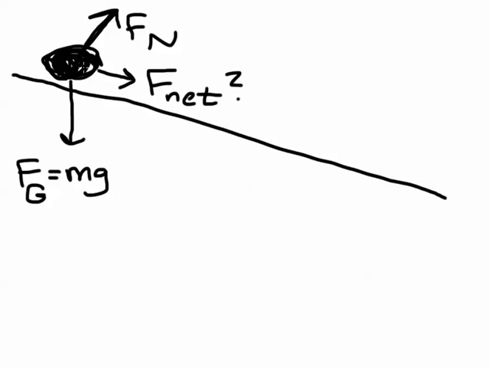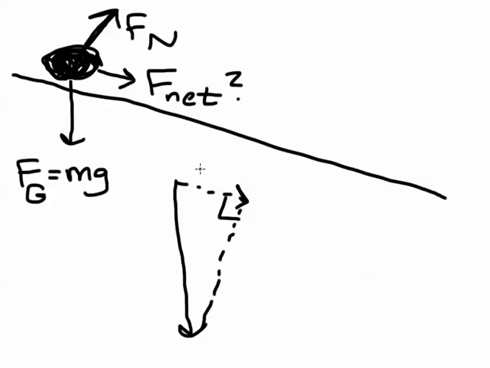You can figure this out. The easiest way to do it is to see that the gravity force has a component that is along the hill, and it also has a component that is perpendicular to the hill.